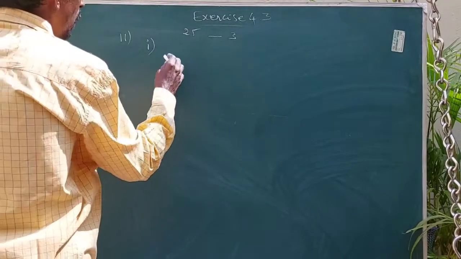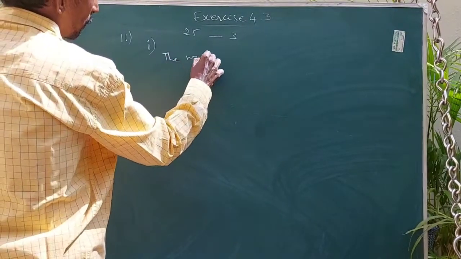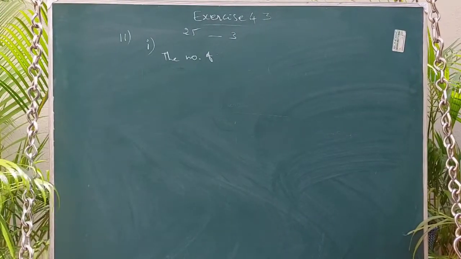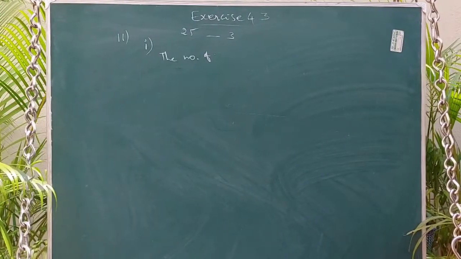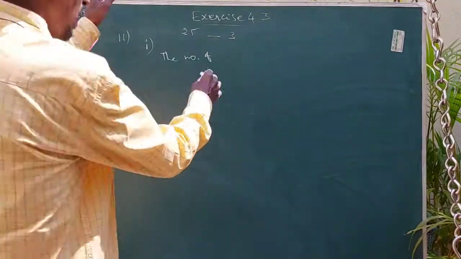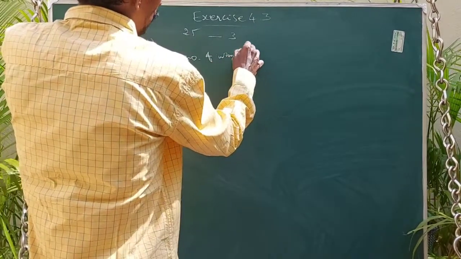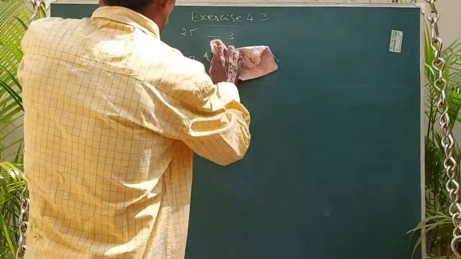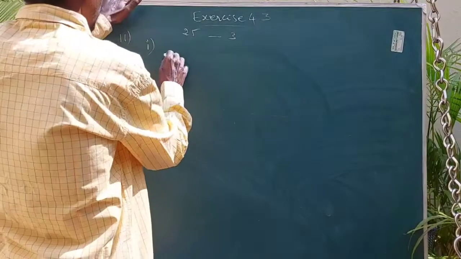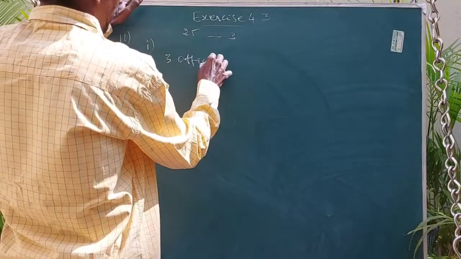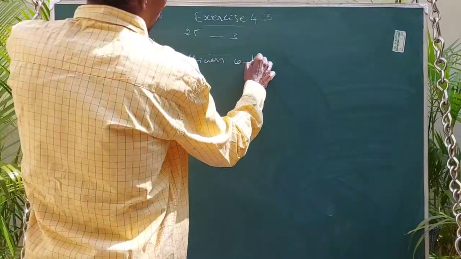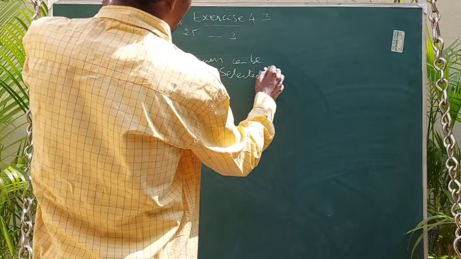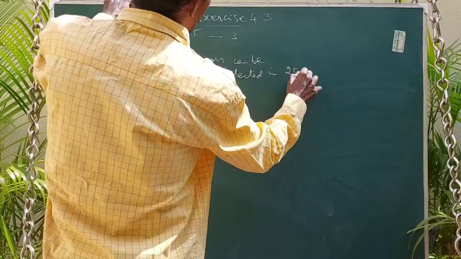So the number of ways in which the 3 officers can be selected is 25C3.